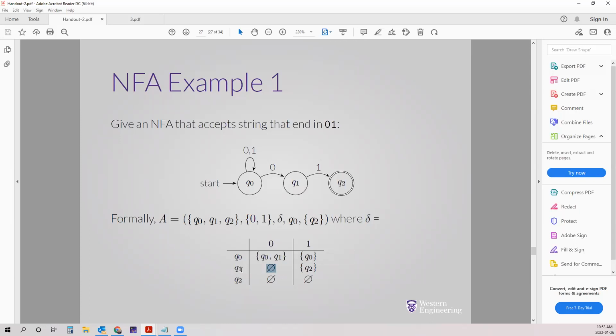If I'm at Q1 and receive a 0, I'll do nothing. If I'm at Q2, at the last symbol, and I receive 0, I'll do nothing. If I receive 1, I will end at Q2, and this is the accepting state. So if you see the transition function, it's different from the deterministic finite automaton.